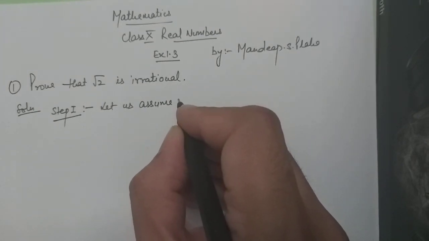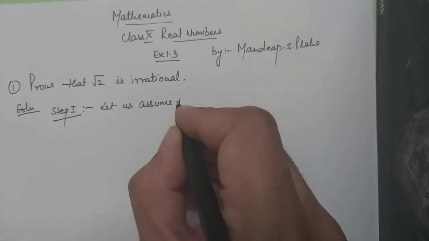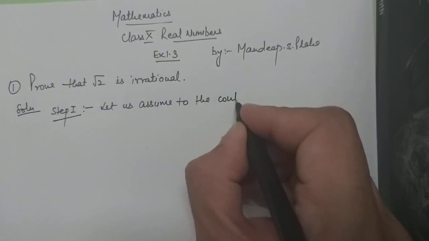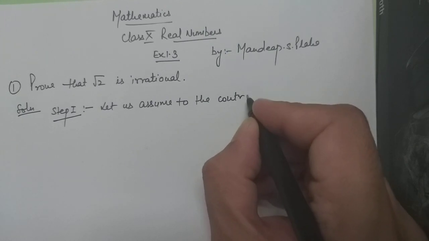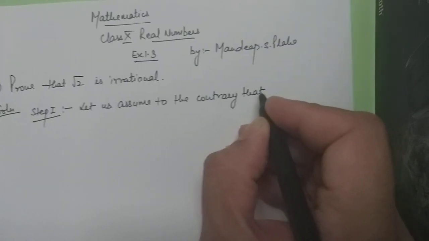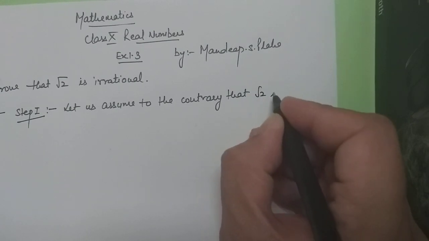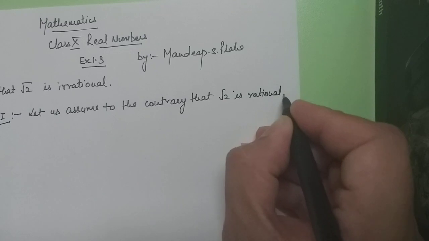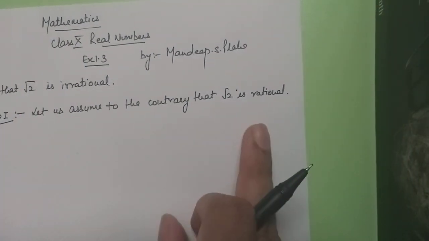Let us assume, to the contrary, that root 2 is rational. So in the first step we assume that root 2 is a rational number.